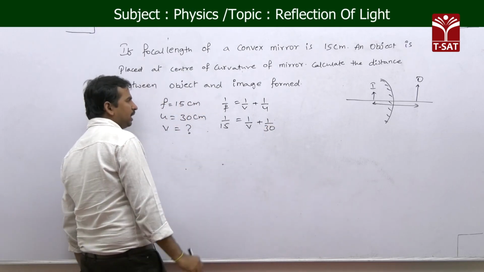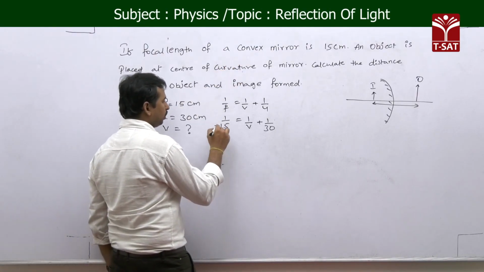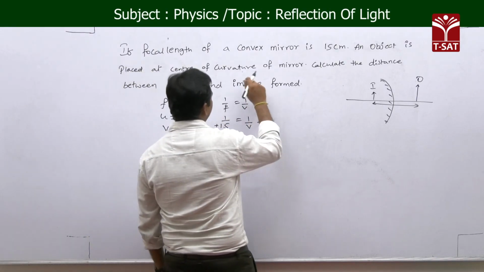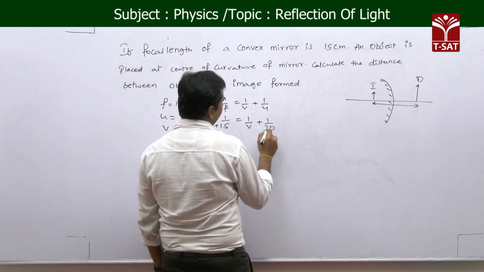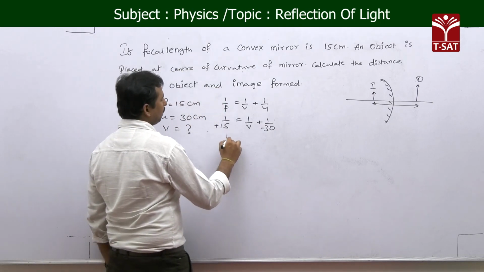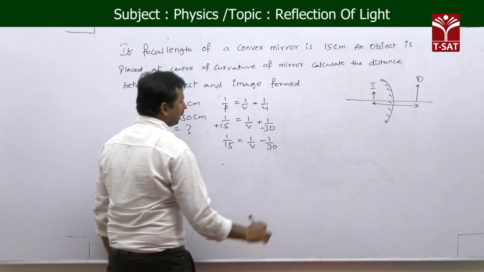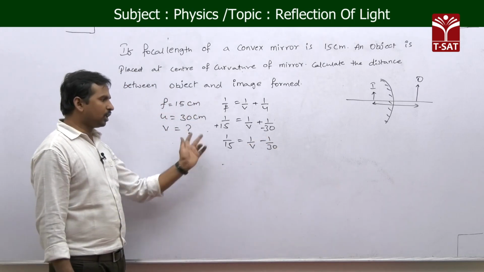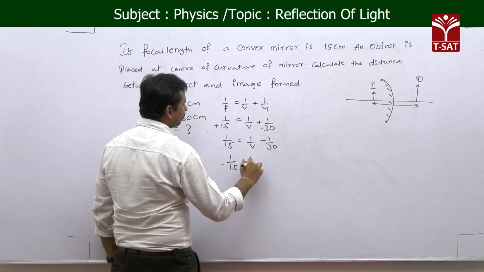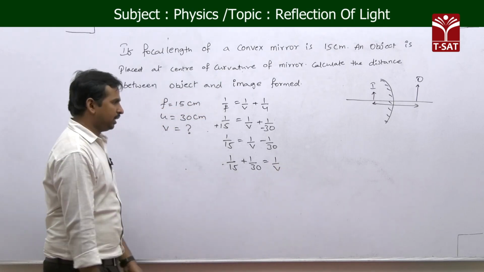If you apply the sign convention, the focal length for a convex mirror is positive, and we are finding the image, and the object distance is given as 30, so the sign convention for object distance is minus. Then 1/15 = 1/v - 1/30. If you bring that minus to this side, then 1/15 plus 1/30 is equal to 1/v.